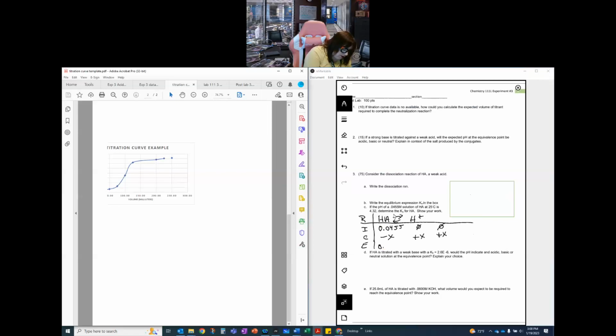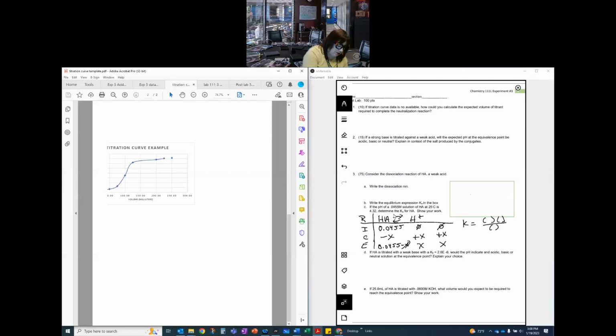Then my equilibrium, 0.0455 minus x, except we ignore the x, and that's an x, and that's an x. And then I have a K value. And I'm just going to put this as the two products, and then the reactant. We plug all of those numbers in to calculate our K. Okay. So one of those values is given to you, and it says that the pH of that solution is 4.32, and that's related to one of those X values.